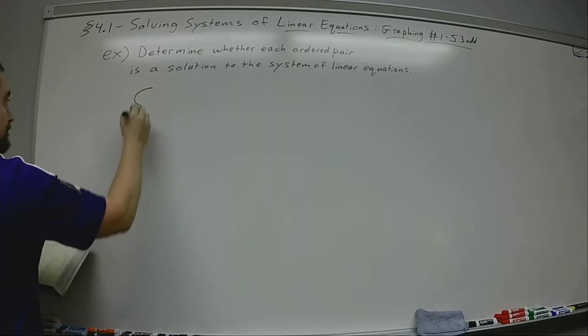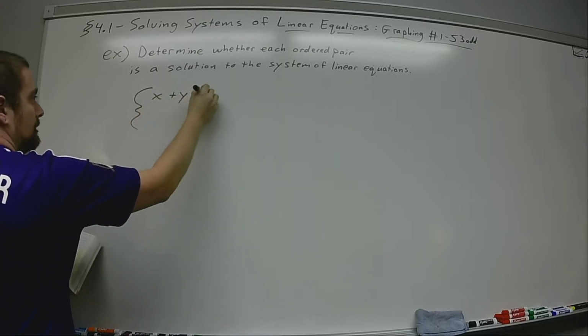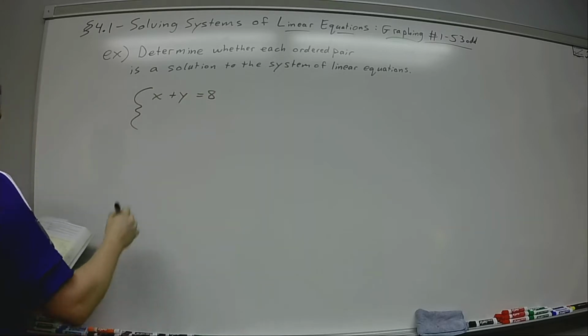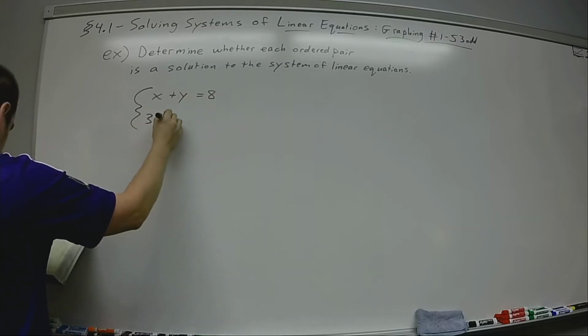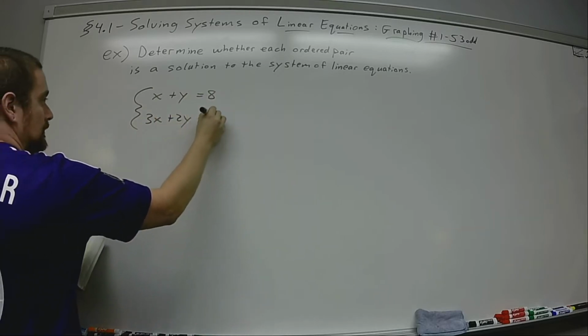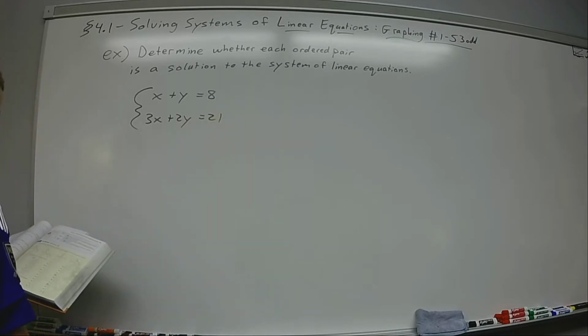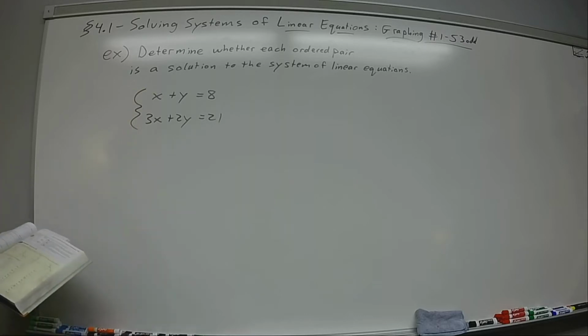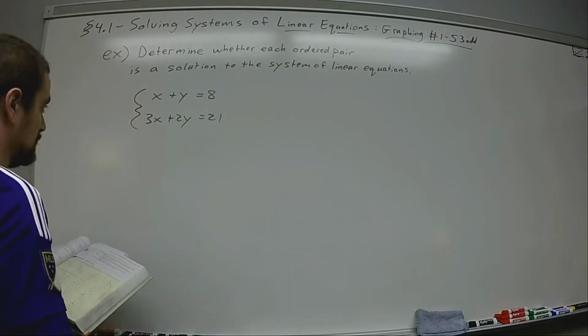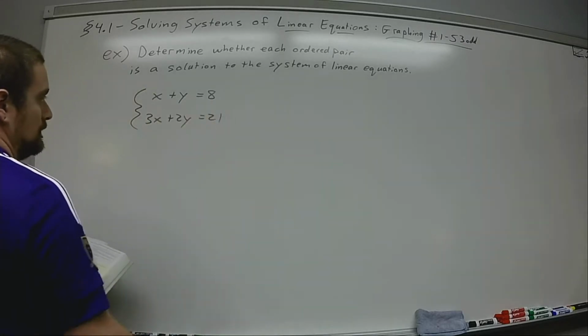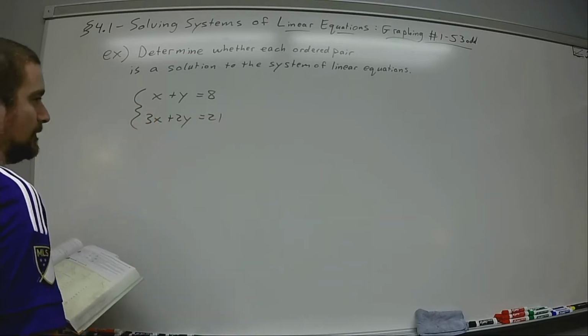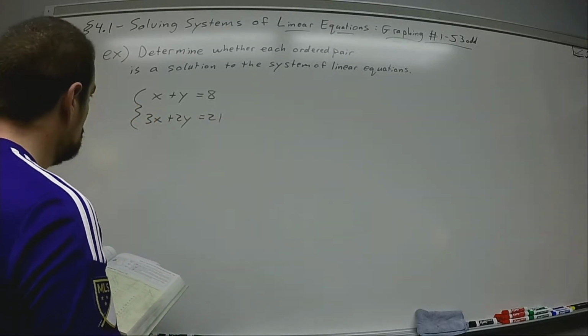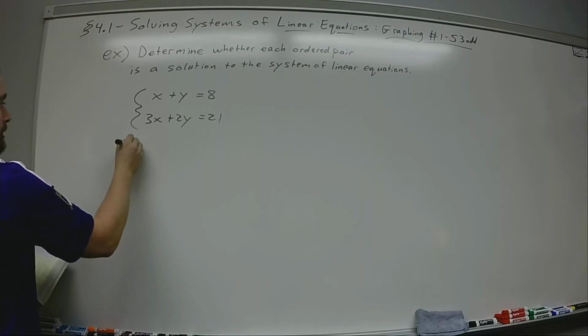That's what we'll do. x plus y is equal to 8 is our first equation. 3x plus 2y is equal to 21 is our second equation. And we draw the system, we draw this little squiggly brace on the left-hand side just to denote that we're separating these two equations, but they are related somehow within the system. So there's our system.